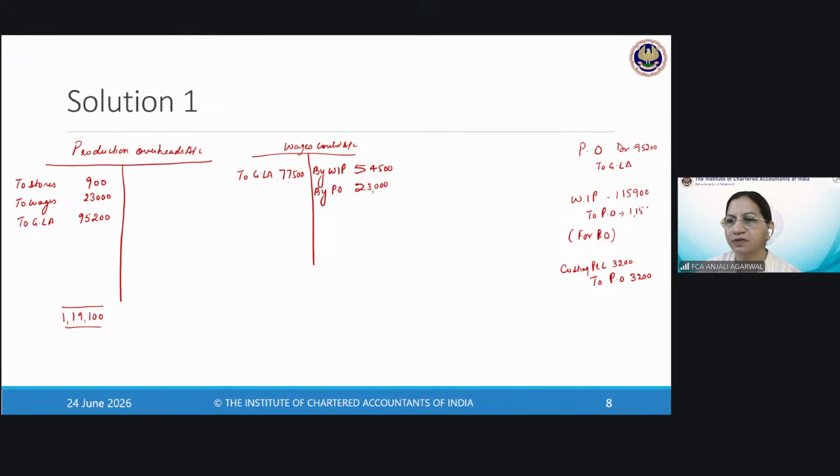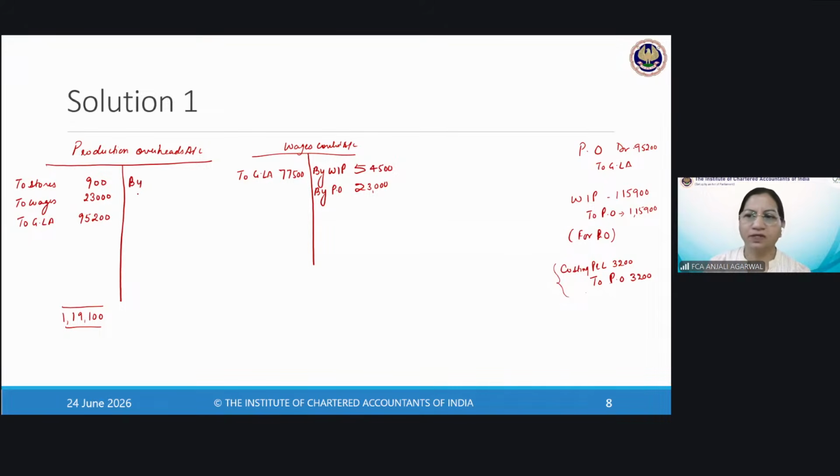So actual production overheads incurred are 1,19,100. But how much is charged to WIP? 1,15,900. What will you do with the rest? You will write it off simultaneously to costing P&L account.